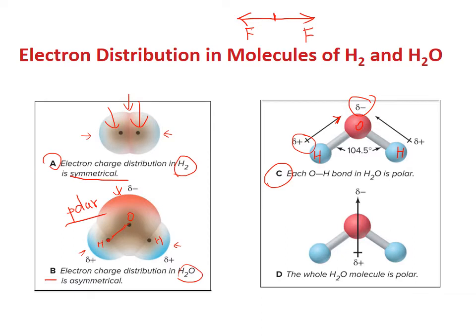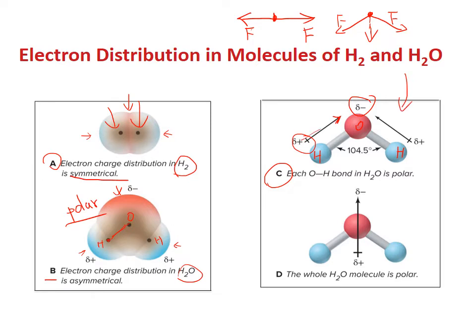If you pull left and right with the same force, the center will not move. If, however, you pull at a certain angle instead of 180 degrees, the two forces cannot cancel each other, and the center will move downwards. This is the case in the water molecule.